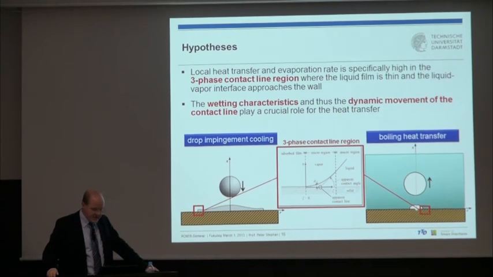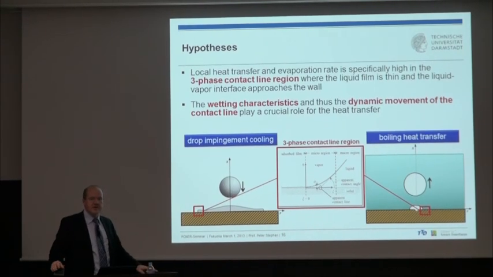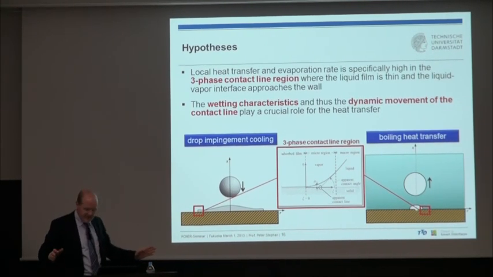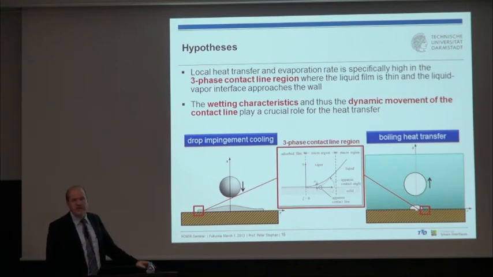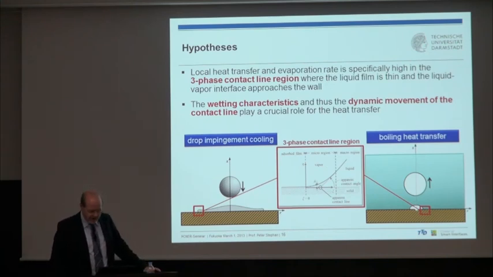in the early 90s, but there are much older works by, for example, Peter Wayner in the United States, who studied and showed that, at least in a pure vapor atmosphere for a perfectly wetting fluid, there's a kind of adsorbed film, and then you have a region of high heat transfer with high evaporation rate, and then a region with low heat transfer and lower evaporation rate.